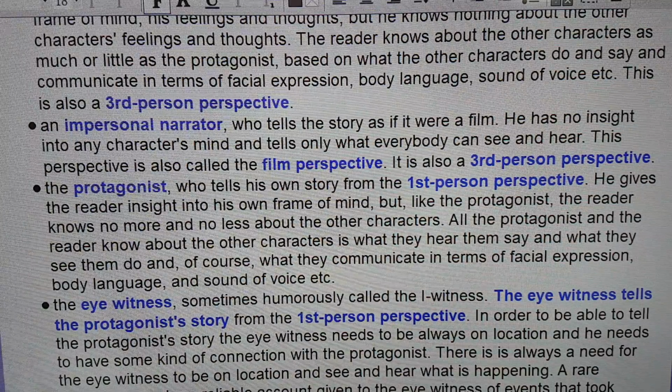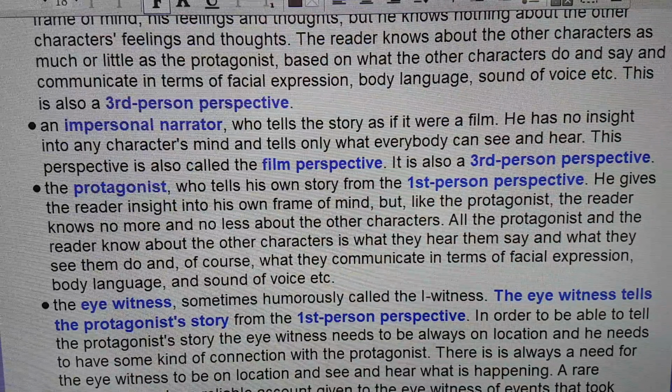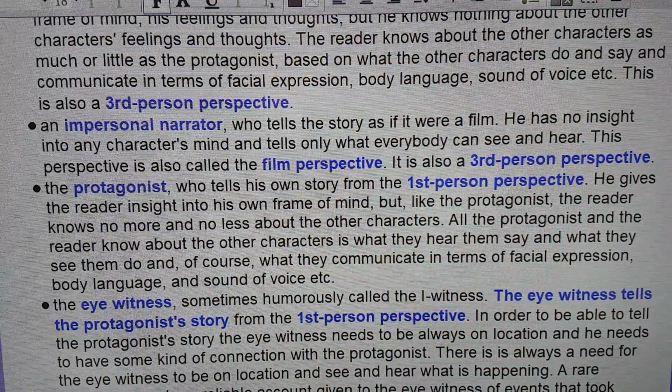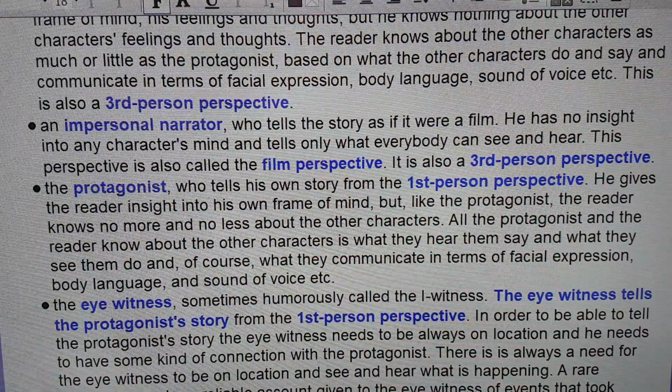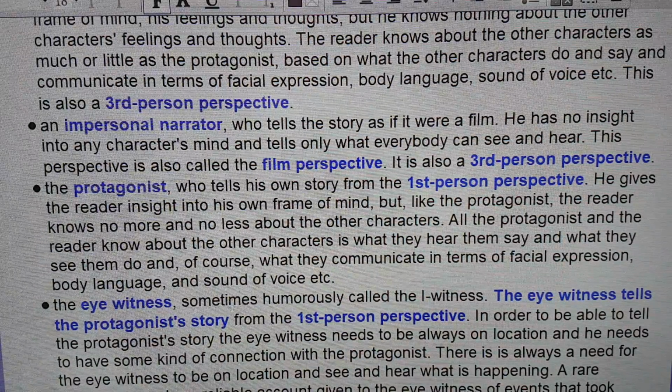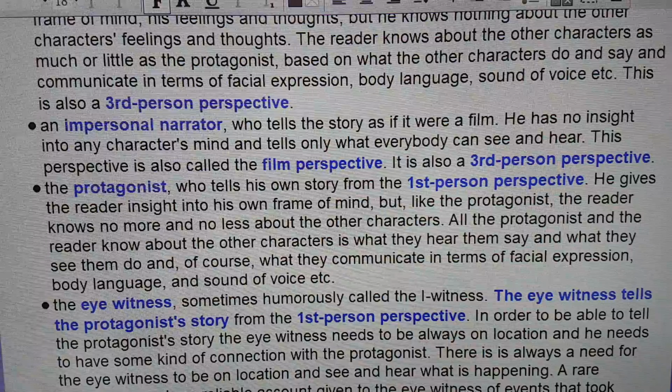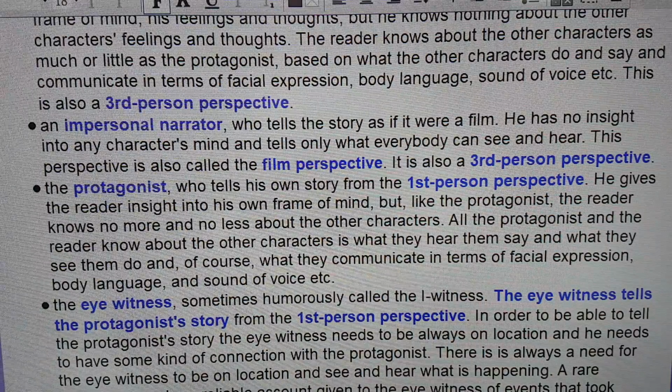But he does not tell his own story. He tells the story of somebody who is more important to him, or that he finds very interesting and fascinating. Therefore, he tells that person's story. And of course, the observer always has to be on location, logically.